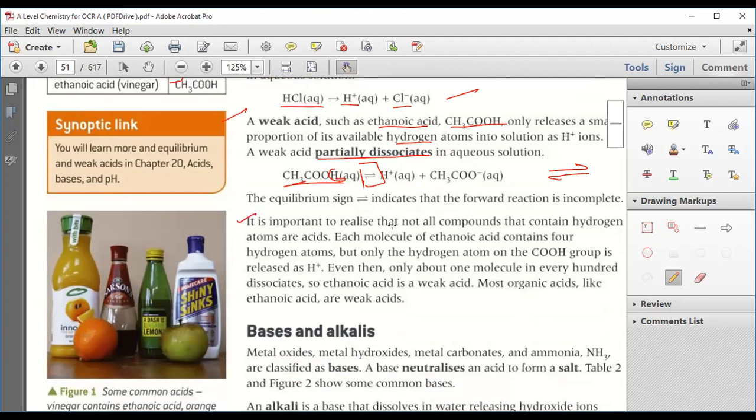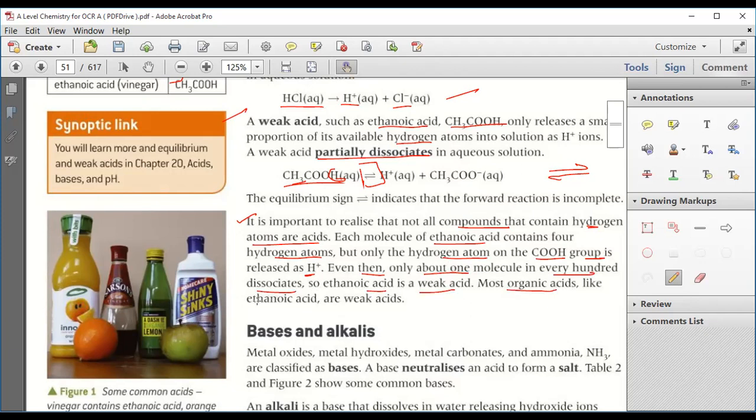Now, it is important to realize that not all compounds containing hydrogen atoms are acids. Each molecule of ethanoic acid contains 4 hydrogen atoms, but only the hydrogen atom on the COOH group is released as H positive ion. Even then, only one molecule in every 100 dissociates. So ethanoic acid is a weak acid.